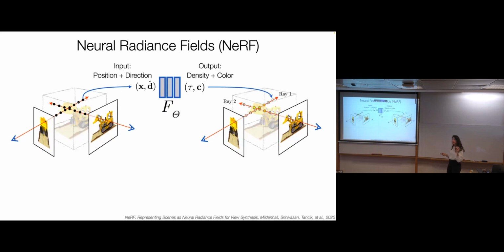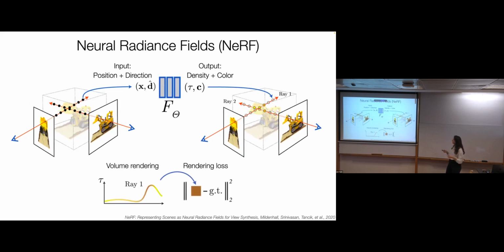For each point and view direction, it predicts the density, the amount of material or geometry at that 3D position, and the color that is emitted from this position in the view direction. Using this neural scene representation, you can render the scene using volume rendering. And the idea is that you need to describe how you render each pixel.